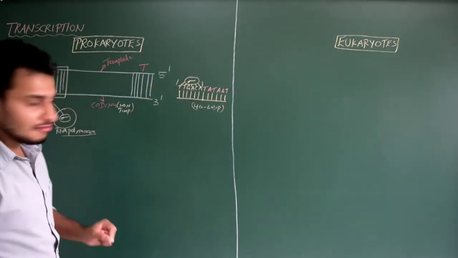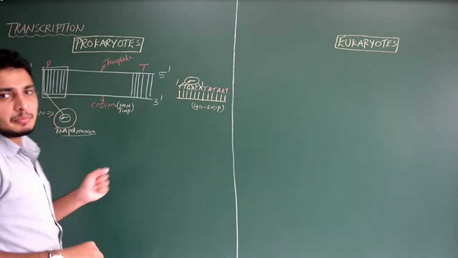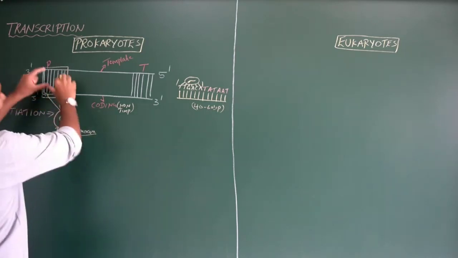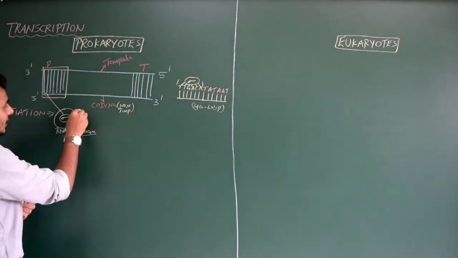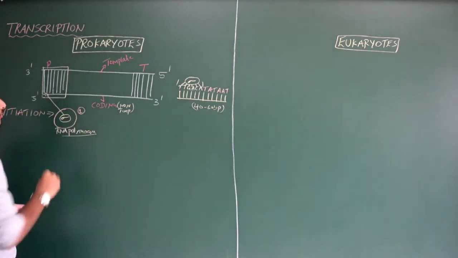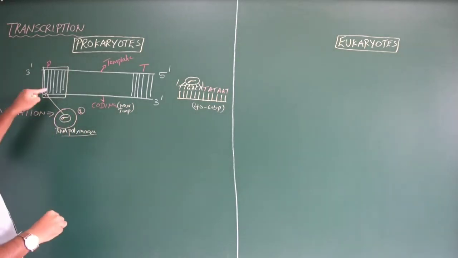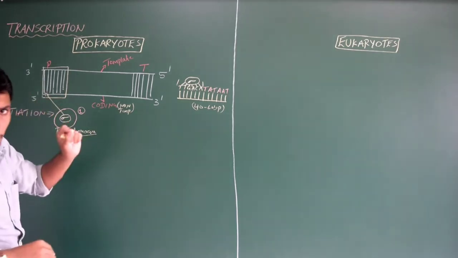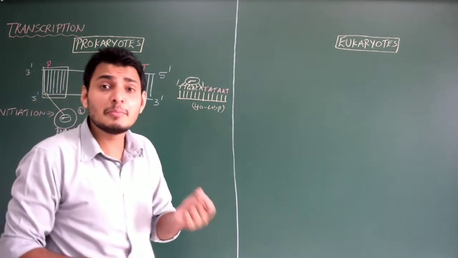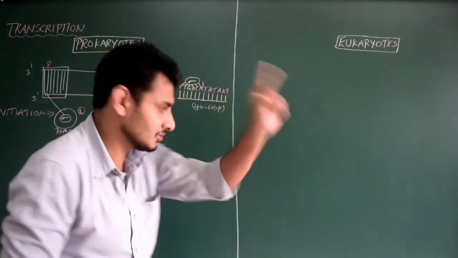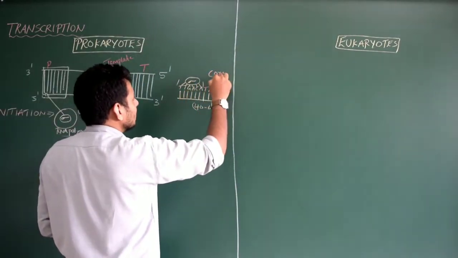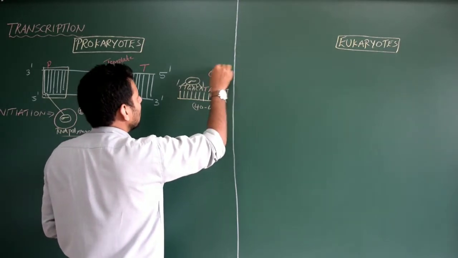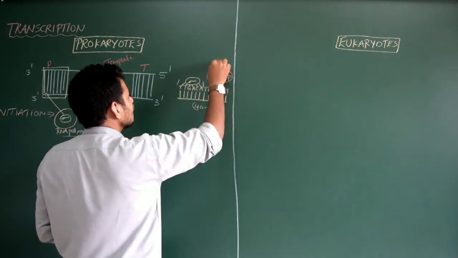That is enough for the remaining 5 polypeptide chains of the RNA polymerase to bind to the promoter. If I remove only one polypeptide chain, that is the sigma factor, which is already attached to this, what is remaining? 5 polypeptides. That will make up the core RNA polymerase. So I'm going to write core here.